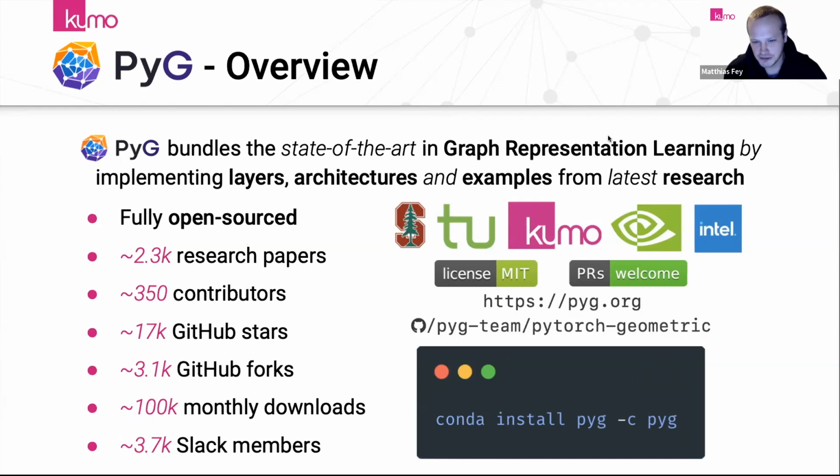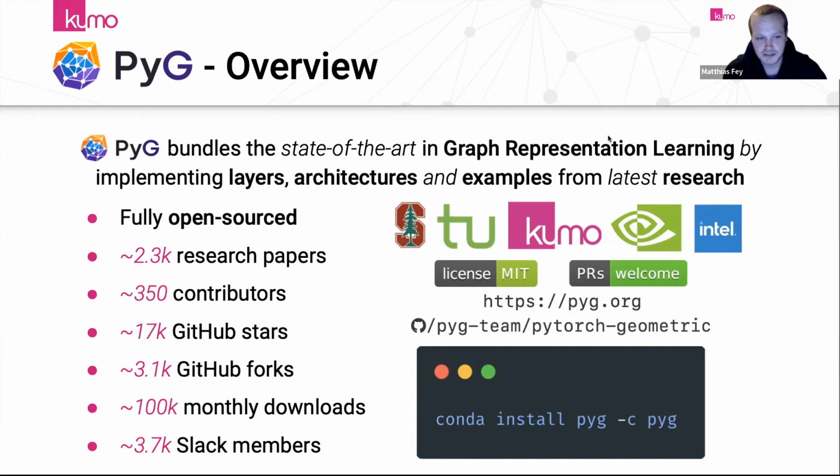And it's also cool to see that it gained so much traction and popularity over the last year. For example, we see that it's used in over 2K research papers to date, which is just crazy to see. And I'm also very glad that we now have over 350 contributors all over the world that try to make PyG better.